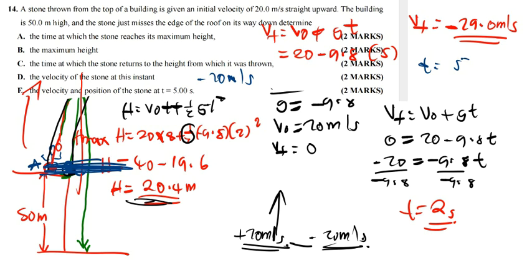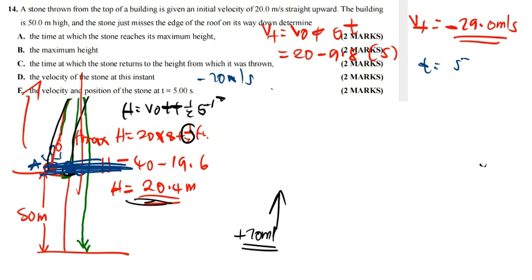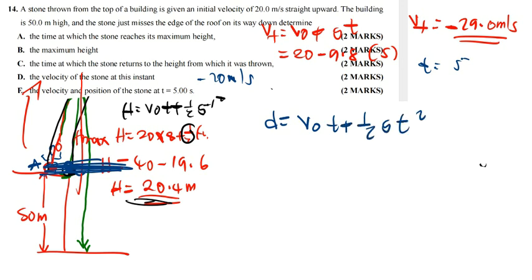So what is the position? When the question is asking about position, they're asking about the displacement. So you use this formula. D is equal to V initial times T plus half gt squared. You have everything. When it is coming down, what comes in your mind? The g is positive. Thank you.